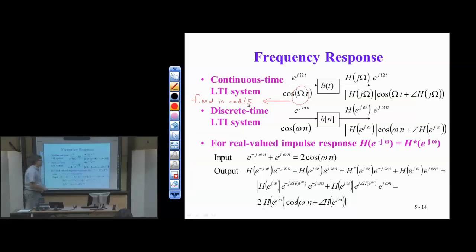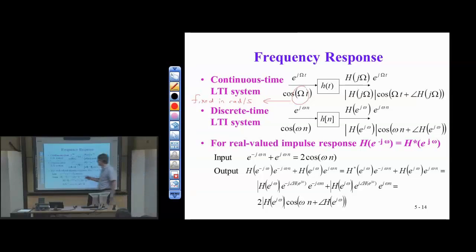The output is the cosine scaled by the magnitude response of the LTI system and shifted in phase, just like we saw in the complex sinusoidal case. No change. The same thing holds in discrete time. The same theorem applies in discrete time, and the same holds as a consequence for an input that's a cosine at a fixed frequency.